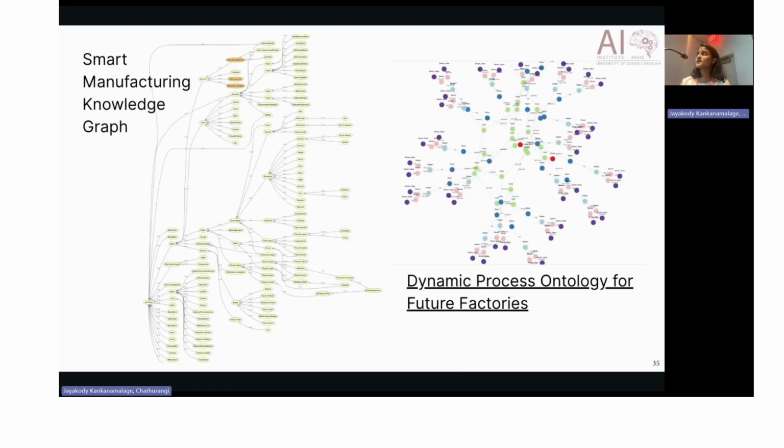So what does this manufacturing knowledge graph include? It includes all the objects that can be included in the manufacturing facility, for example robots, conveyor belts, and the types of sensors involved.